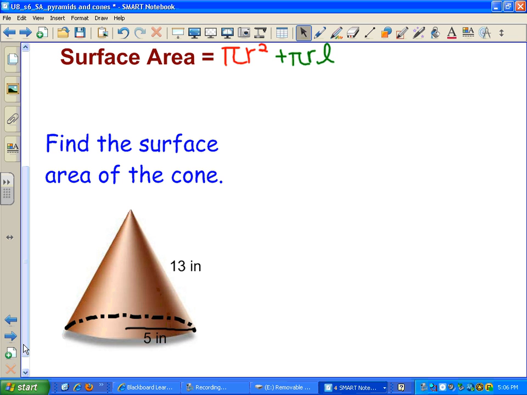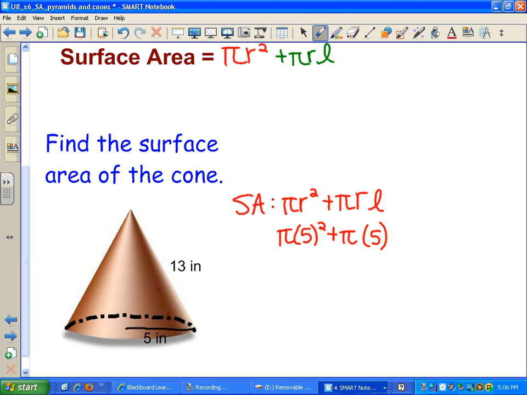All right, welcome back. So for surface area of a cone, it's pi r squared plus pi r L. My radius is 5. So pi times 5 squared plus pi. Again, my radius we said is 5. And the slant height would be this diagonal right here, which is 13.